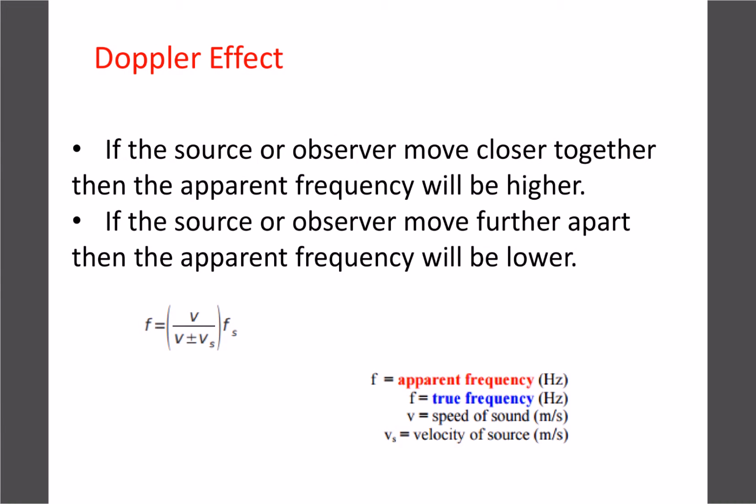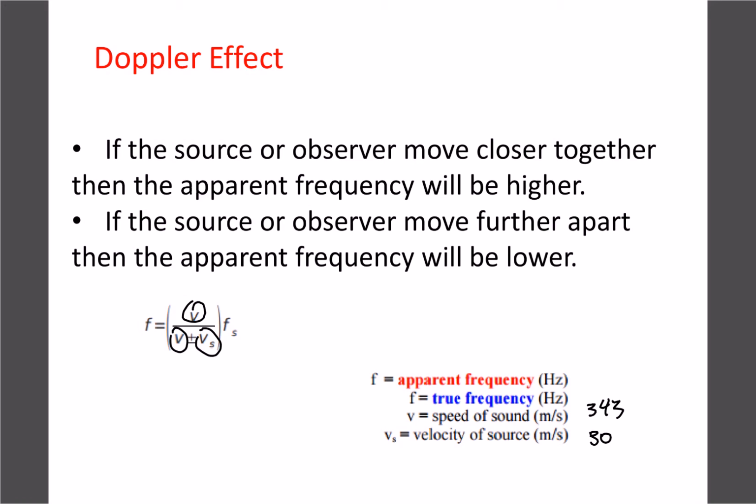So the formula we use to actually calculate this has a few parts to it. We have the velocity of sound in air, whatever we're talking about. That usually is given to us, and that's usually 343 or thereabouts. But then we have the velocity of the source, whatever's making the noise. So let's suppose it's a car going by at 30 meters per second.